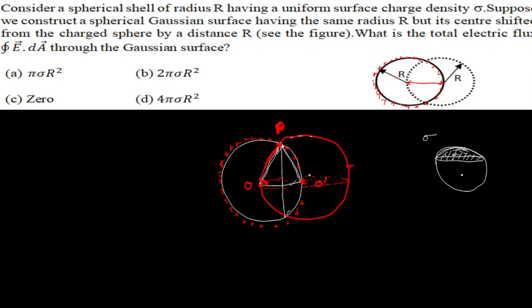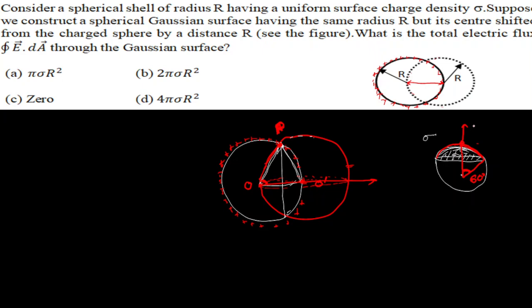So if I compare these things here, let's say this is the z axis. Then the area that will be inside this Gaussian surface will be a spherical cap portion like this, where this angle is 60 degrees. That means for the area inside this Gaussian surface, theta will vary from 0.